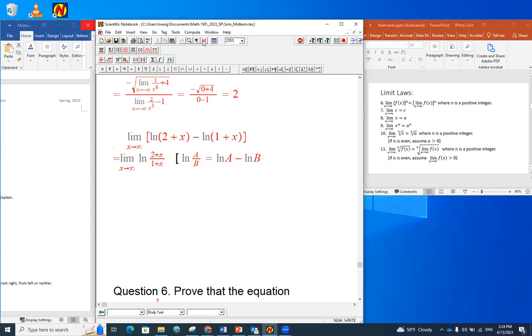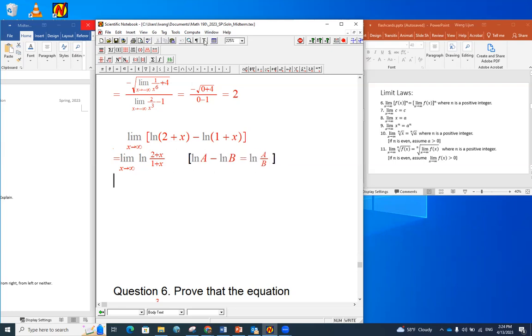So we're applying quotient rule from left to right.